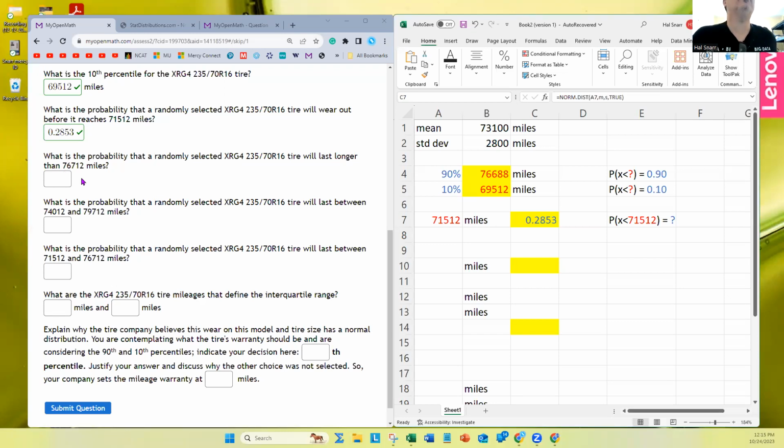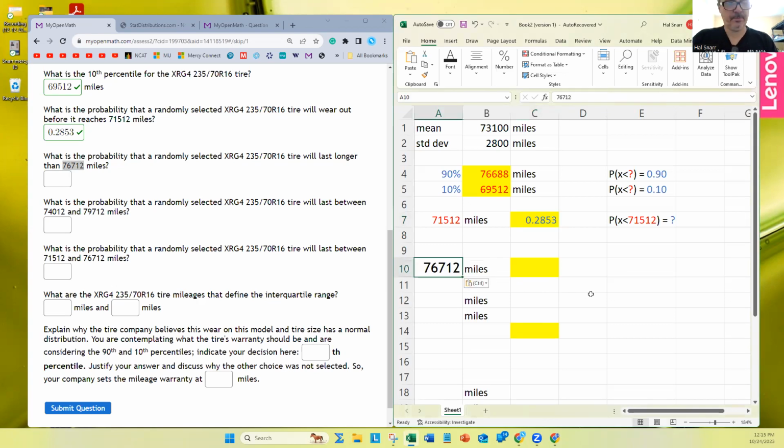Okay, now we want to know the probability that a randomly selected tire will last longer than 76,712 miles. So I'm going to copy this to here, right?